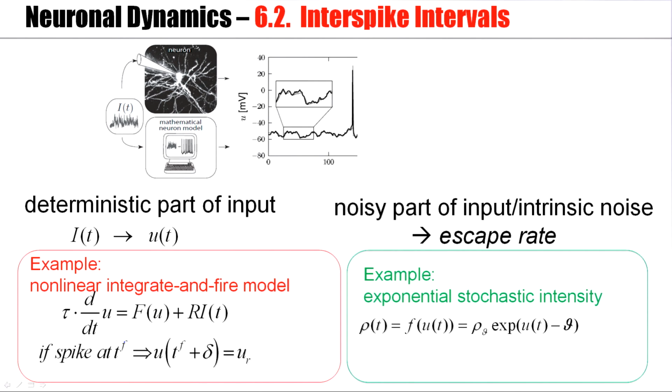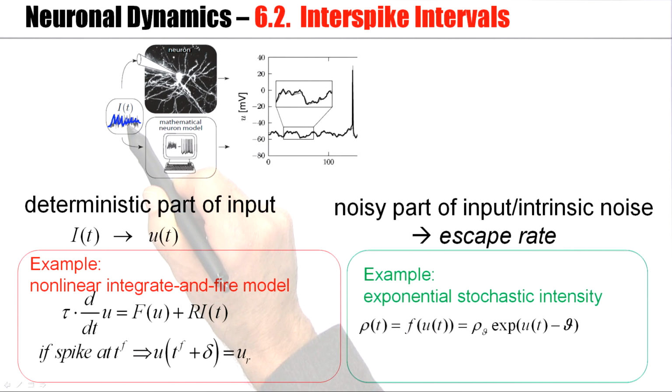Let's recall the framework that we use for this escape noise modeling. Let's suppose we inject some fluctuating input current into a neuron. We are interested in injecting the same kind of input current into the mathematical neuron model.